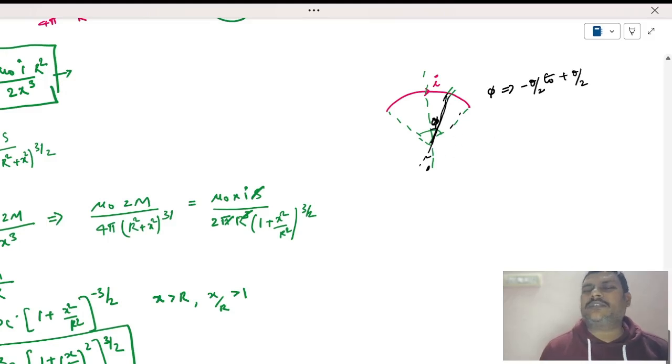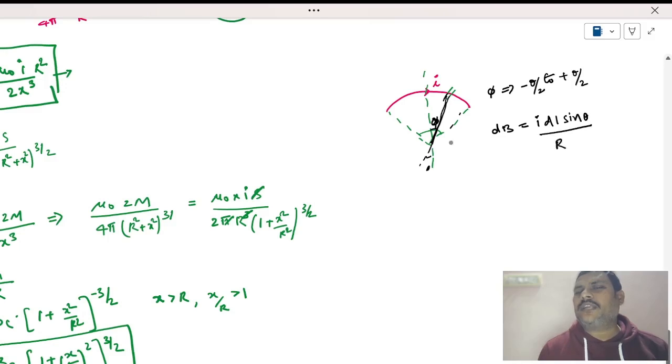Now dB is equal to I dl sin theta by R square, where R is the radius. Integrating dB, cos phi will come, dB cos phi. In this circular coil, the dl element and R bar are always perpendicular. So with mu naught by 4 pi, we get I dl by R square.